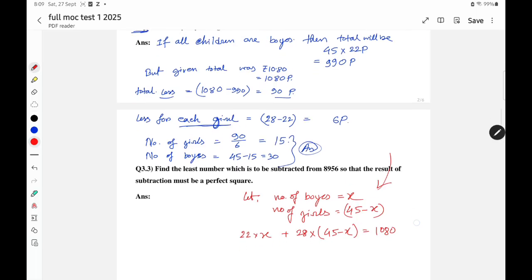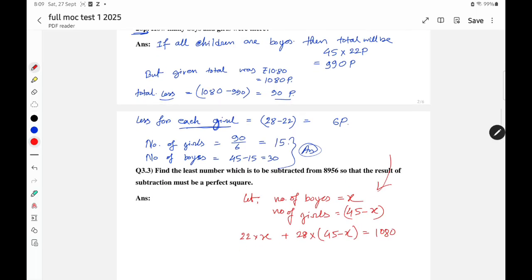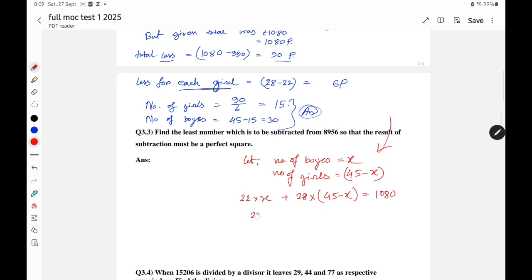We convert all in paisa because calculating in paisa, so this is 1080. তাহলে এখান থেকে আসছে 22x, এখান থেকে মাল্টিপ্লাই করলে 18 into 45 করো, কত আসে, এক সেকেন্ড, 18 into 45 পাচ্ছি হচ্ছে 810 minus 28x equal to 1080.